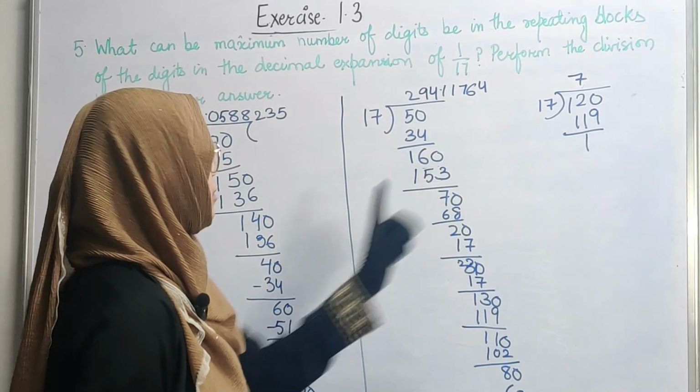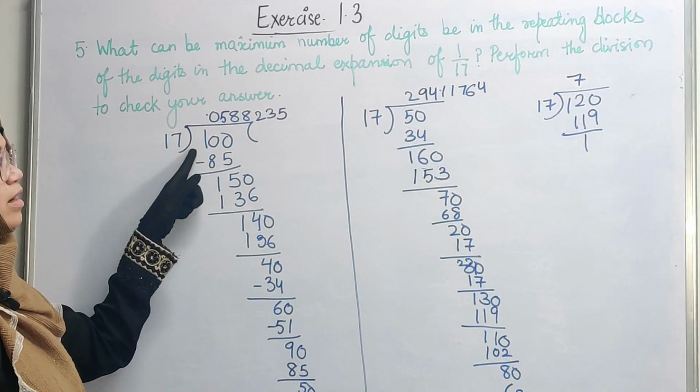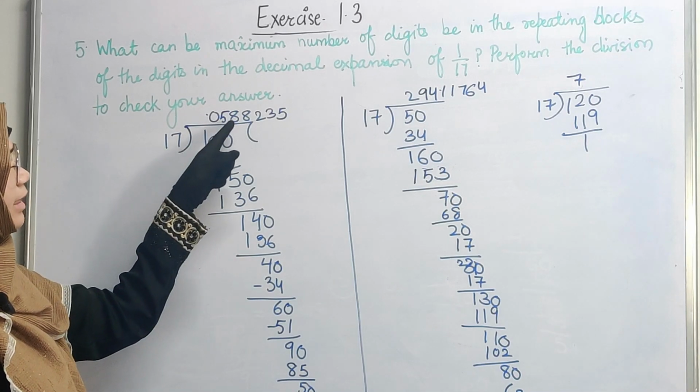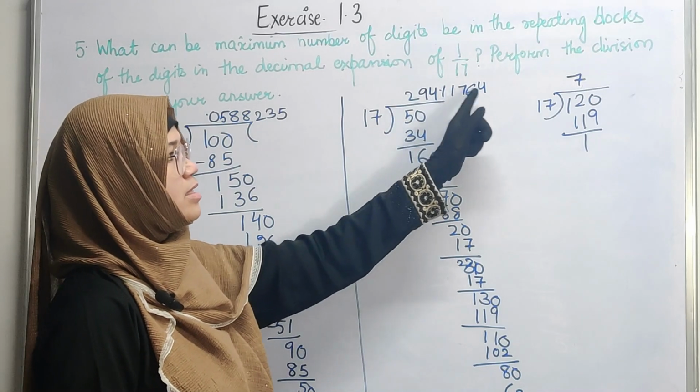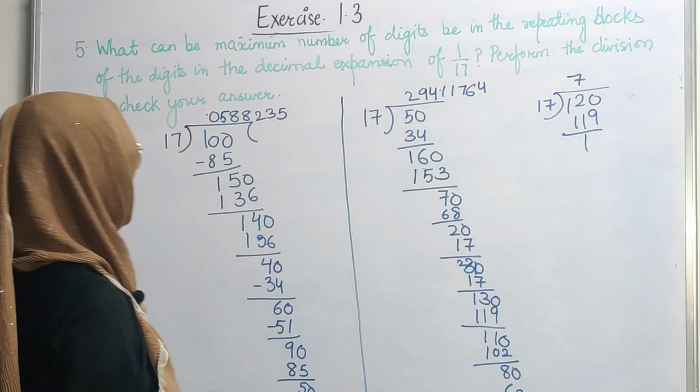We got 1, which we are start from. So our answer is 0.588235294117647. How many digits are there?